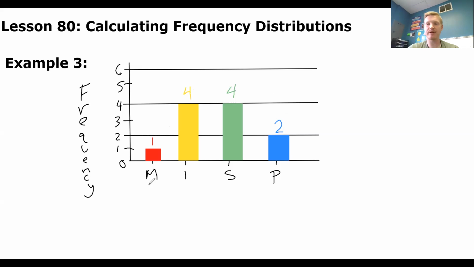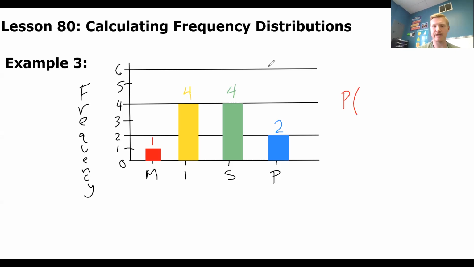Theoretical probability, just like we did in example 1 and example 2, we are just finding the probability of each letter compared to the total. So we're going to do that in fraction form again. For our letter M, I'm going to do this in red since my M is red.